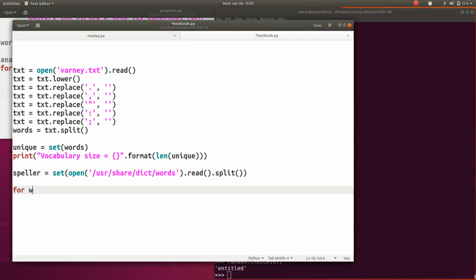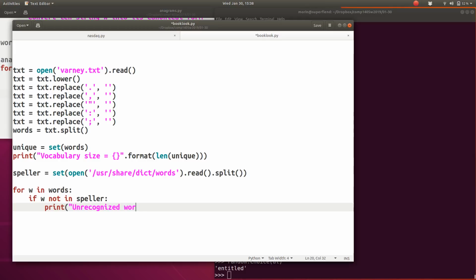Now we can say for each word in the text, if that word in the text is not in my spelling dictionary, then I can write something like unrecognized word.